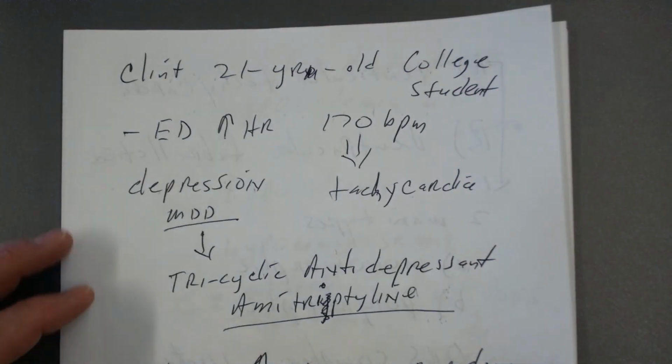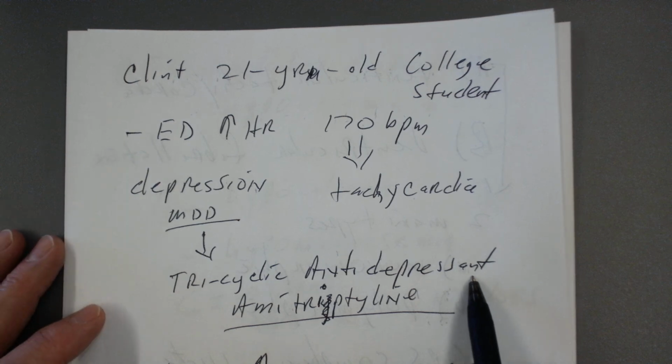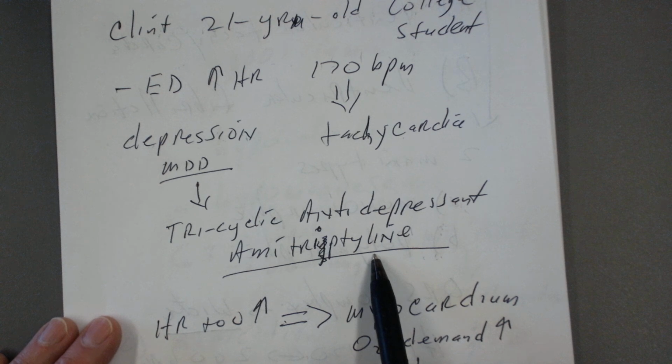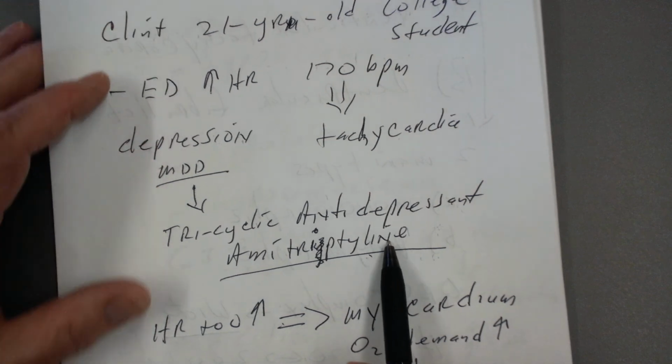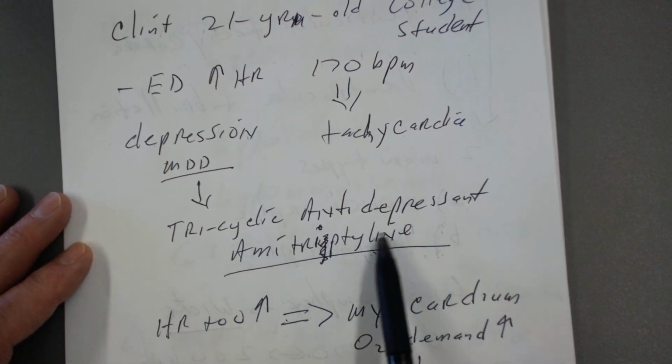And Clint is taking a tricyclic antidepressant. That is a cause of Torsade de Pointes, and amitriptyline is one of the biggest offenders when it comes to the cause of Torsade de Pointes. So Clint has Torsade de Pointes that has been drug-induced.